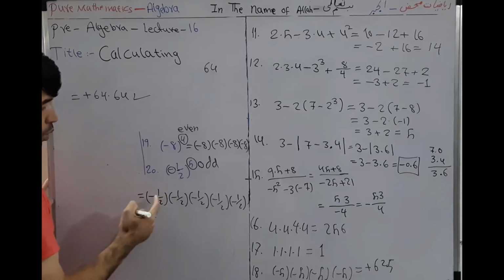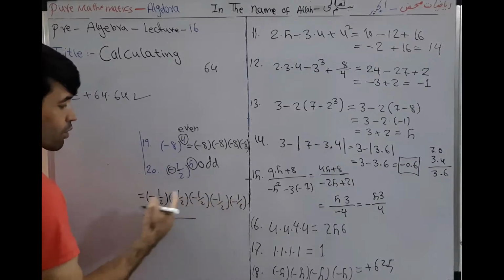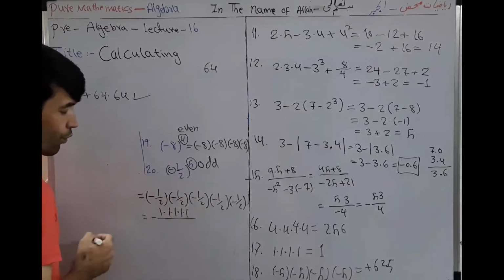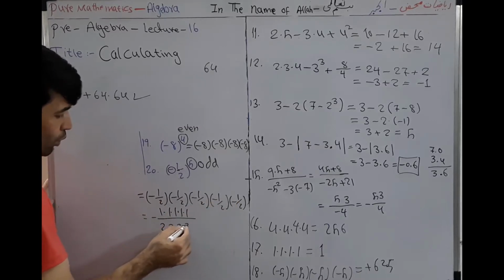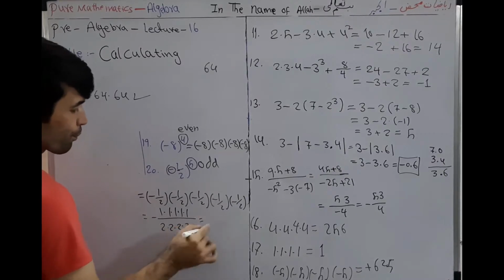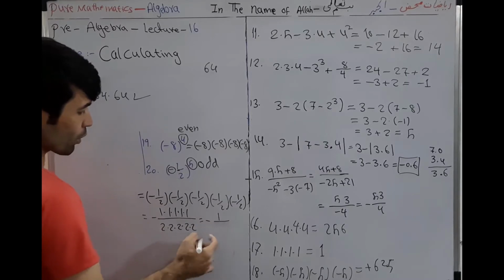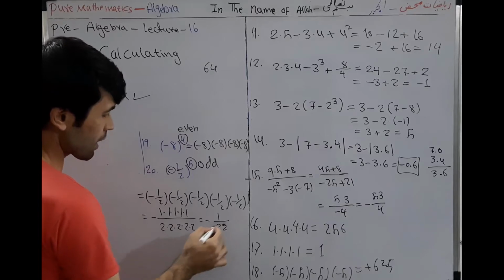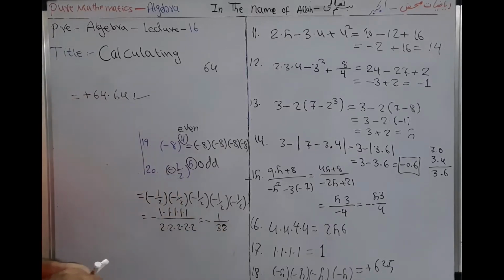Minus 1 multiplied by itself 5 times, and in the denominator 2 multiplied by 2 multiplied by 2, 5 times. It is equal to minus 1 multiplied by 1, 2 multiplied by 2, 5 times, 32. It is the answer of question 20.